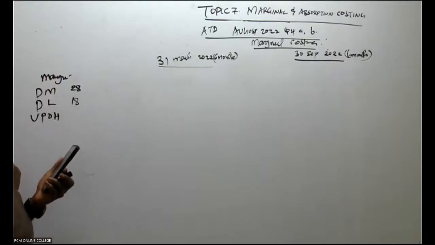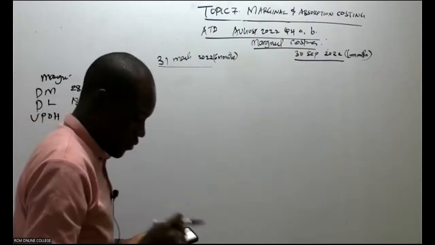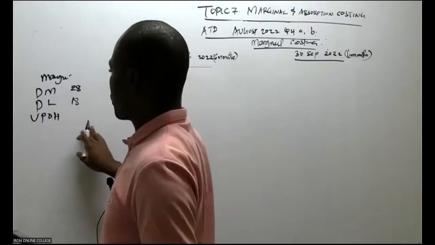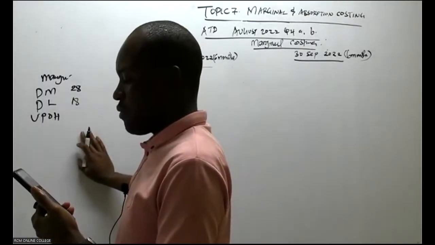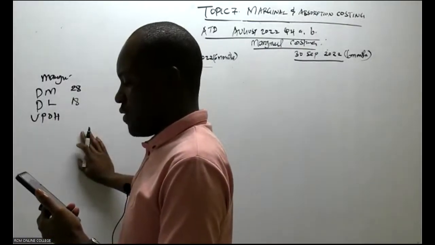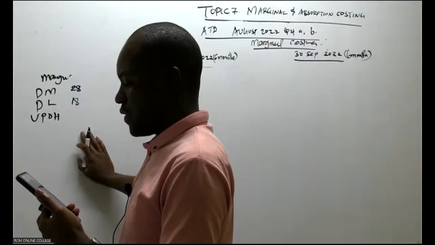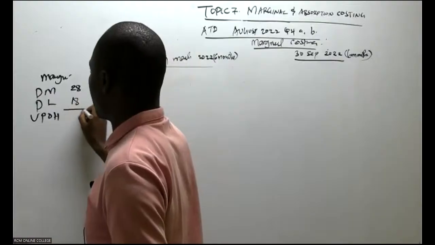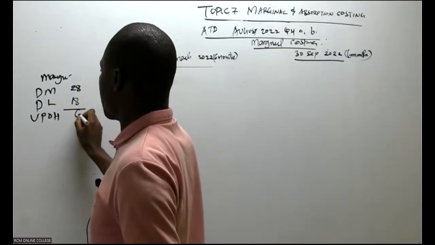Then variable production overhead. Do we have any other variable production overhead here? So if you try to add these ones here, what will you have? 6.